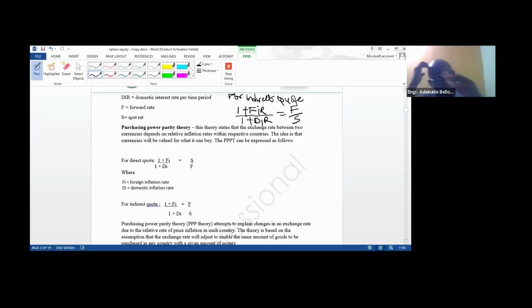A country with higher inflation rates, we have its currency value depreciating faster compared to a country with lower inflation rates.